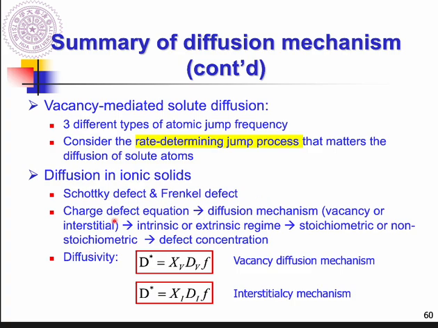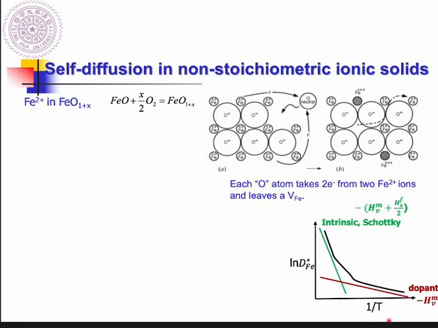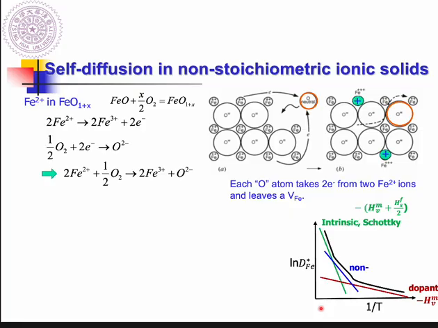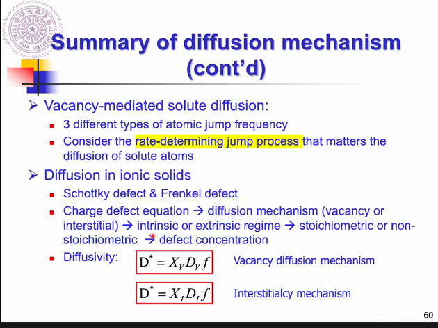And in order to formulate this type of equations, please remember you need to have charge defect equations. You write down the charge defect equations, and you need to make sure the diffusion mechanism is Schottky or Frenkel defect. And do we have a dopant or just intrinsic?